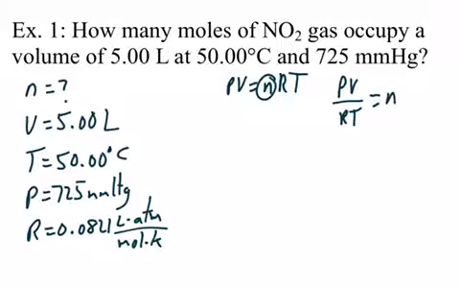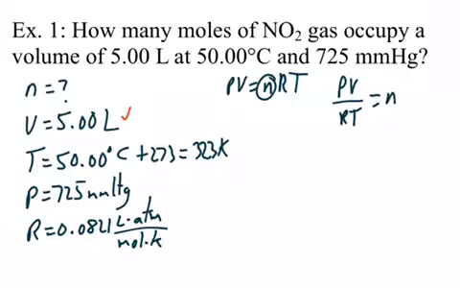But we have to check for units. As far as I'm concerned, liters is fine, but we have to change this to Kelvin. So you're going to add 50 to 273, and you're going to get 323 Kelvin.